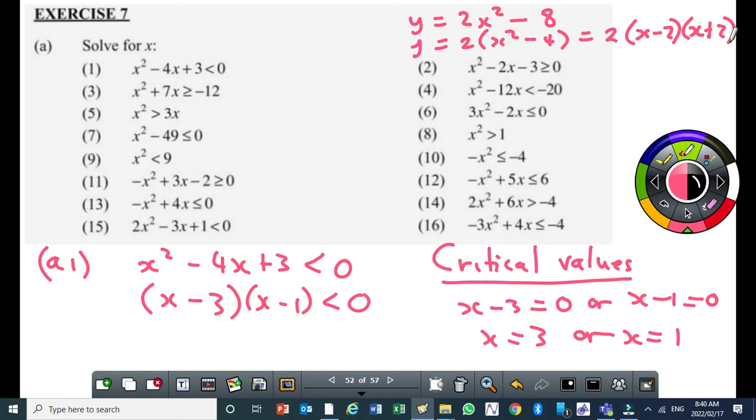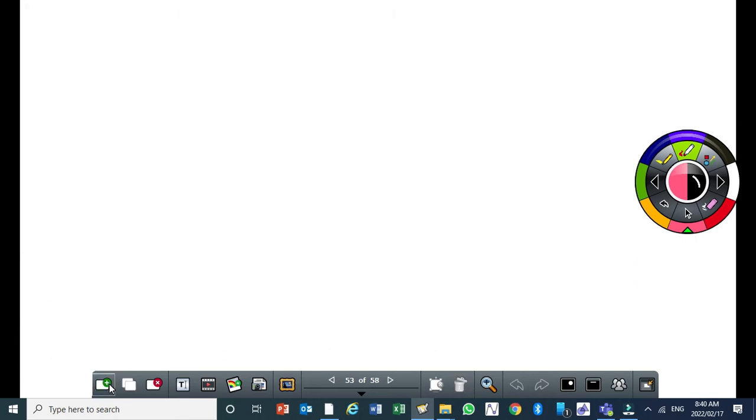Okay? So, we go on the number line. We draw a number line. Now, when you draw a number line, you need to know that a quadratic inequality has a range of solutions. Therefore, we can draw a number line. In this case, my minimum value is the 1. I'm on the number line here, along the x-axis.